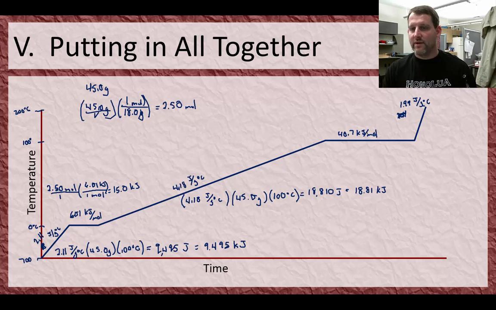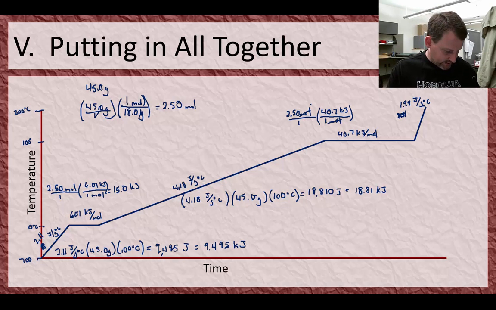So we have to do this part. And again here, just like the fusion, we're going to do 2.50 moles, and we're going to use this number like a conversion factor. So we're going to put 1 mole on bottom, and we're going to put 40.7 kilojoules on top. Moles cancel.